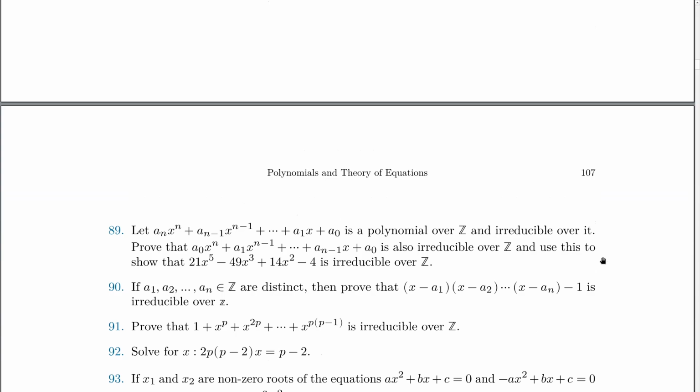It says that if x1 and x2 are non-zero roots of the equations ax squared plus bx plus c is equal to 0 and minus ax squared plus bx plus c is equal to 0 respectively, prove that (a by 2) x squared plus bx plus c has a root between x1 and x2, where a is not equal to 0.